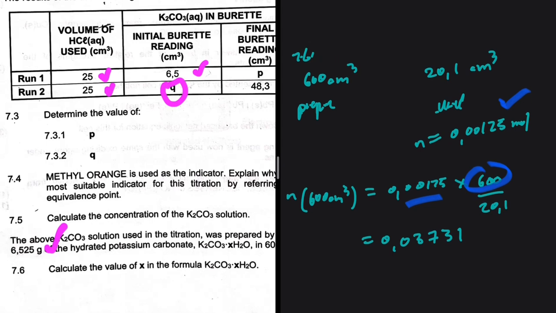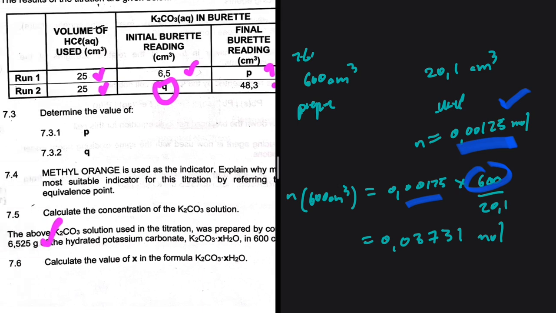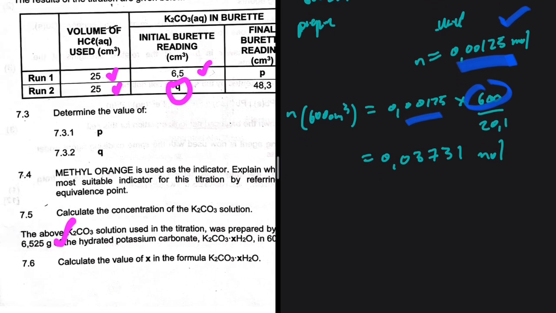Let me just look at my substitution once more and see that I've not done anything wrong. So 0.00125 is fine. And then 600 divided by 20.1, 0.03731 moles. Okay, so these are the number of moles when we dissolve 6.525 grams of the hydrated potassium carbonate in 600 centimeter cube of water. So we have the number of moles, we have the mass, we can find the molar mass.